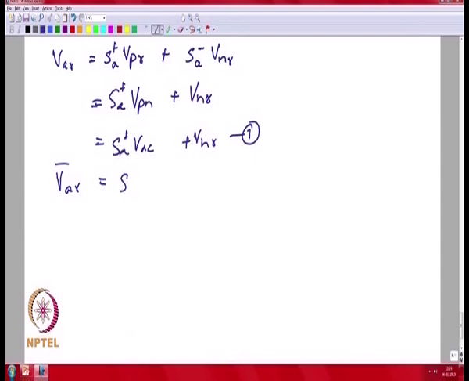So you get the average of SA plus VDC, plus VNR average, and we know that the SA plus average is our dA, and the VDC is not changing significantly. So we have VAR is dA VDC plus VNR.